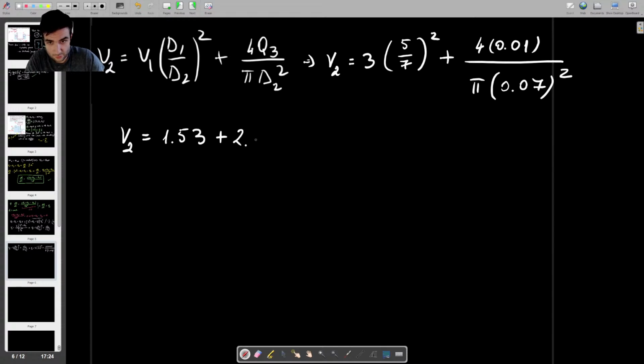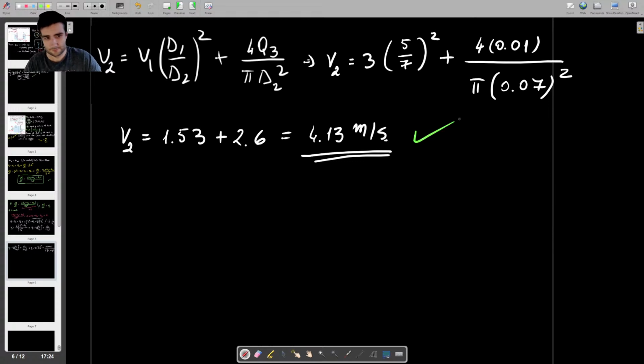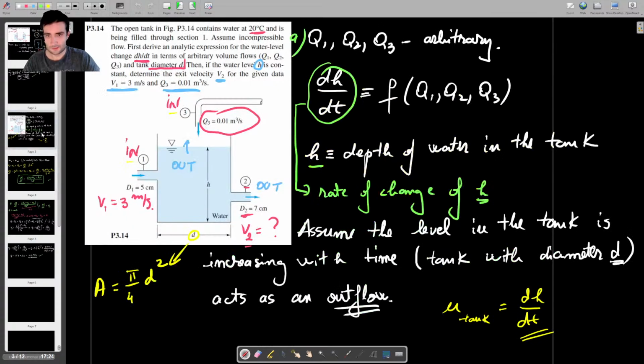So this is plus roughly 2.6, which is equal to 2.6 plus 1.53, so roughly 4.13 meters per second. And that's it. That's the answer to the question.